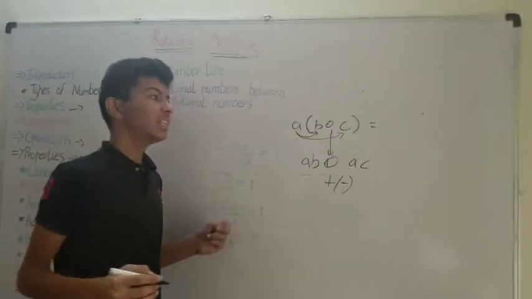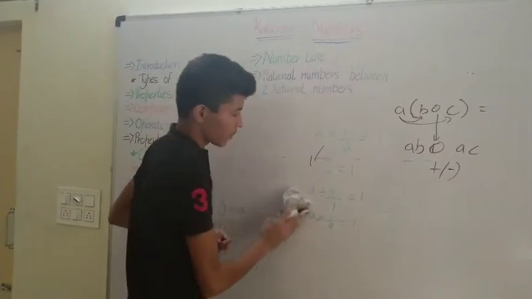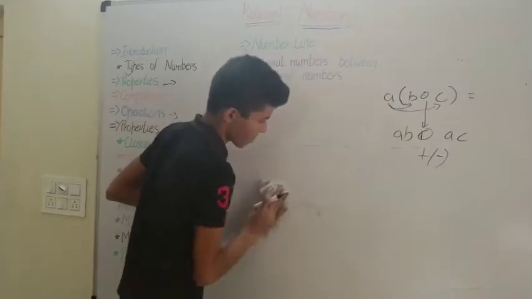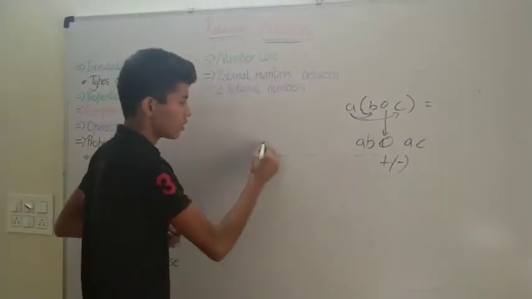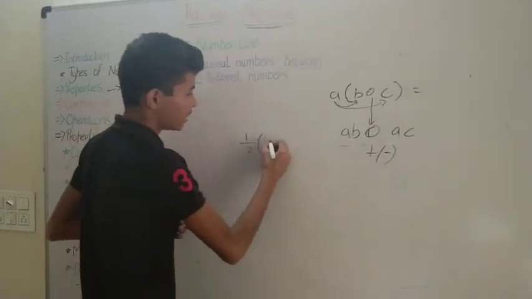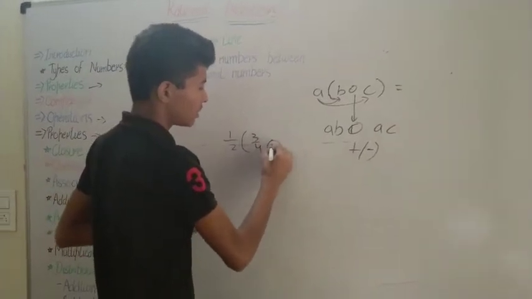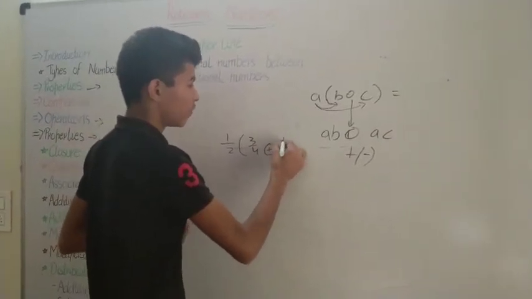So if a question is given, say 1 divided by 2 times the bracket 3 by 4 plus, or we can take a subtraction here, 1 by 4.